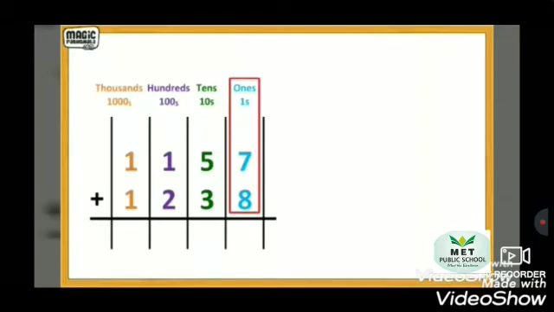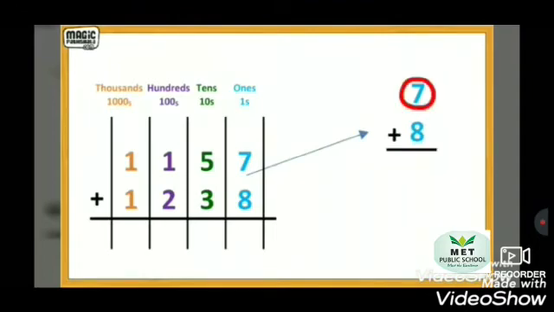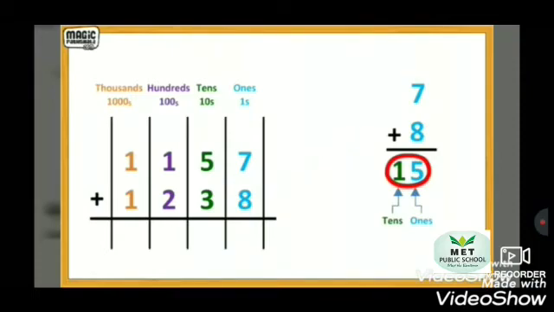Let us take this to the side. 7 plus 8 is equal to 15, which means 5 ones and 1 ten. Remember, you had learned this earlier in the place value chart. So we are going to put 5 in the ones column and carry over the 1 to the tens column.